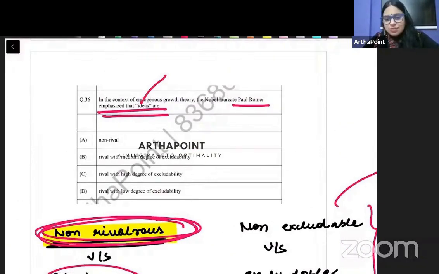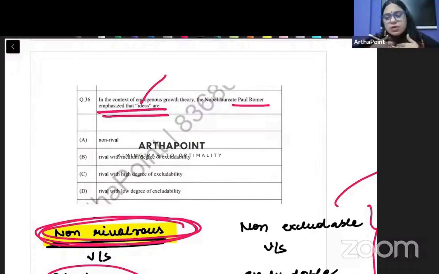अब idea की जब बात करते हैं, can I go ahead and say it is rivalrous in nature? Once I have an idea available in the market, anyone can use it. The idea used by one doesn't reduce the idea available for other. एक के idea available होने से दूसरे के लिए भी वही idea available है. So suppose मैंने YouTube खोला and on YouTube it is telling me that look, you can pack this box in this way. ऐसे ऐसे आप इसको pack कर सकते हो.